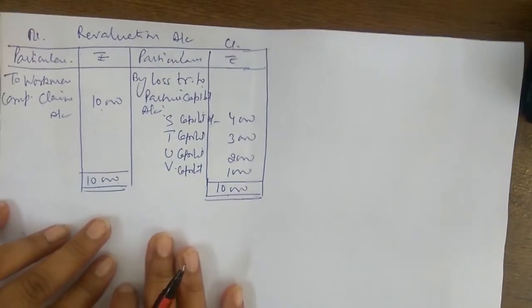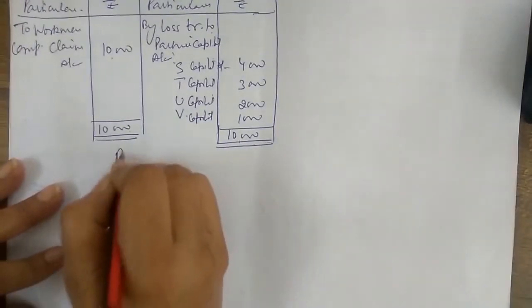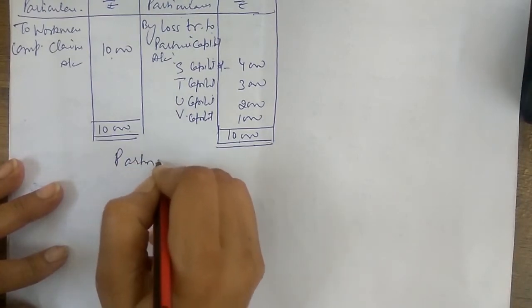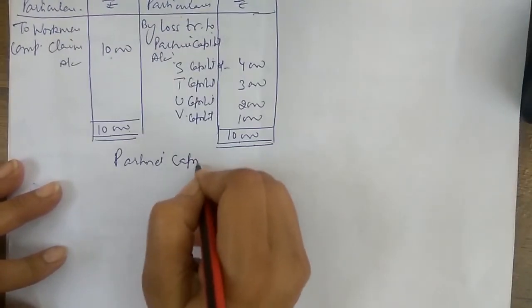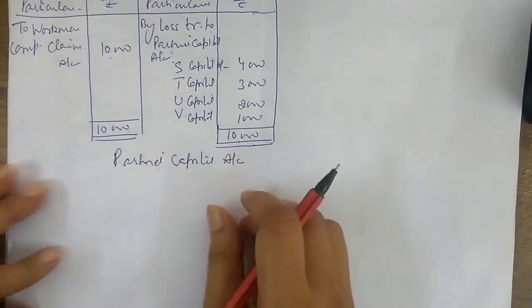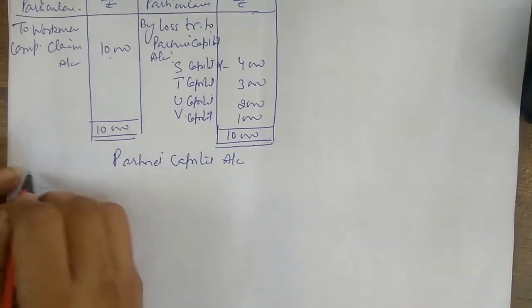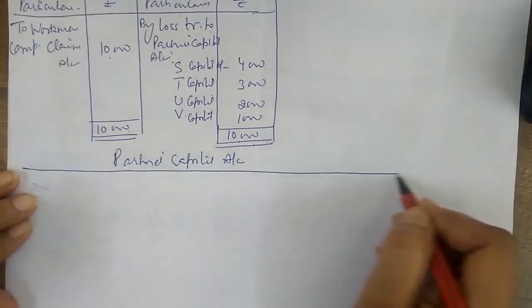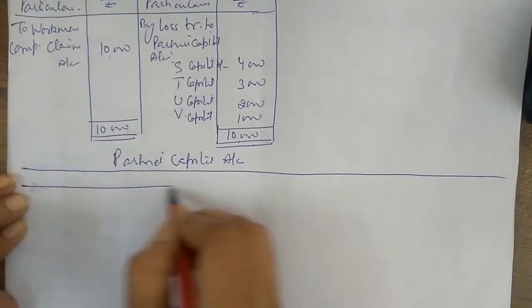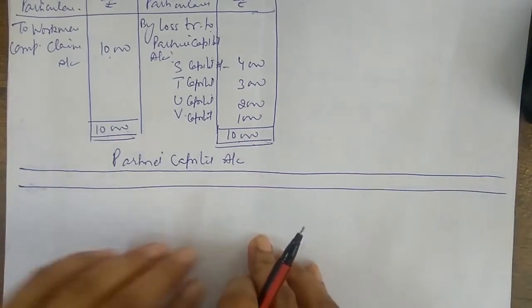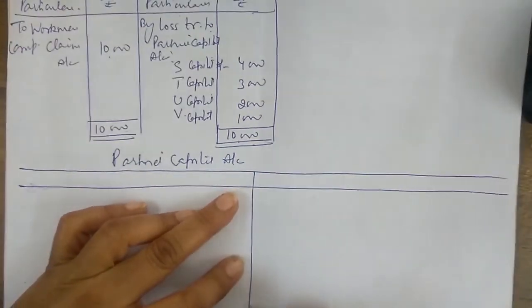Likewise we will make partners capital account. Here we have to learn one new concept, adjustment of capital. So we will make lengthy format showing 4 partners columns.